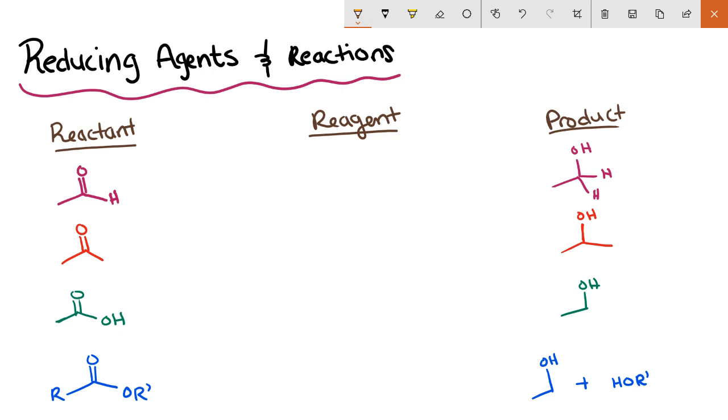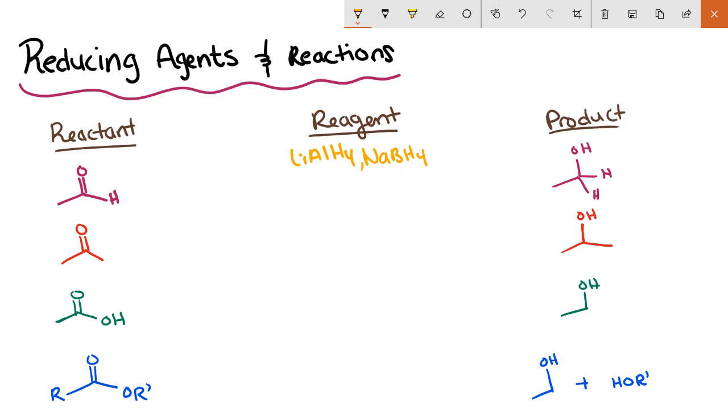So a good reagent for this reaction, we could use either LiAlH4, or we could also use NaBH4. So these are both good options to take us from an aldehyde to an alcohol.